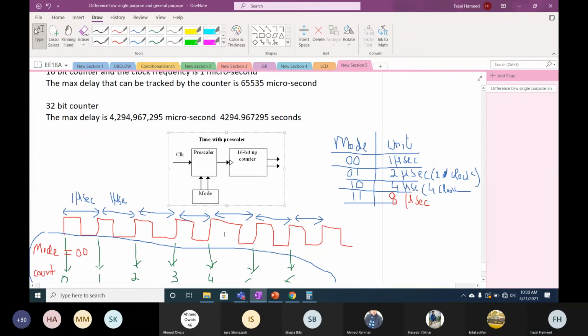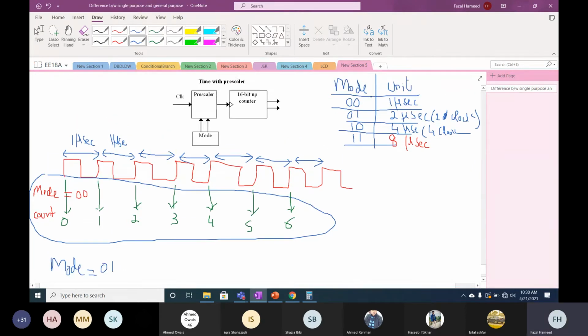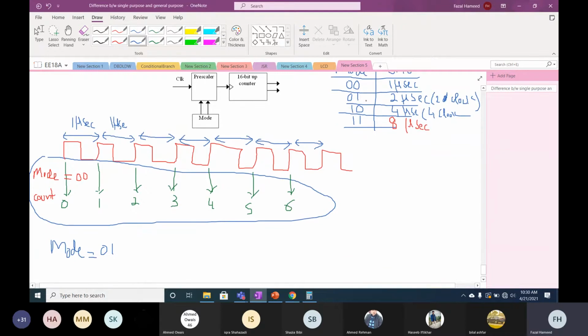Now let's assume a scenario when the mode bit is 0 1. If you look at the mode bits, what is now the unit of counting?